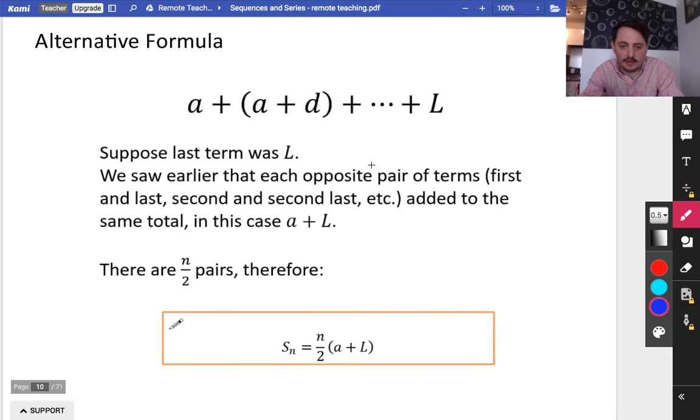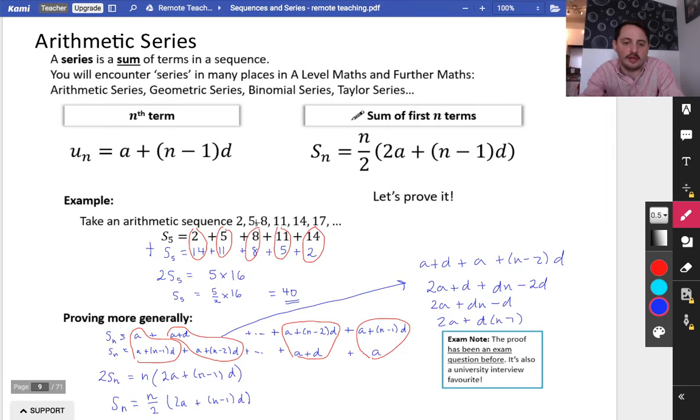We saw earlier that each opposite pair of terms, first and last, second and second last, added to the same total, in this case, a plus L. Because the first term was 2, and the last term was 14, and they all added up to 16. So the same thing in this case as well.